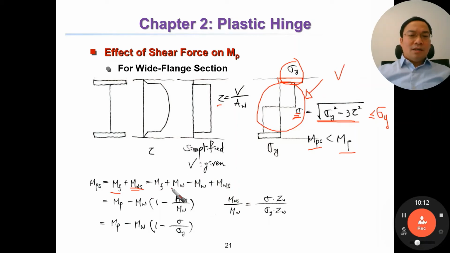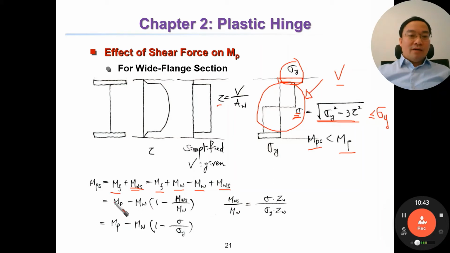Okay, and we can divide that into MF and MWS, and here is MW. MW means the moment of the web in case without the effect of shear.